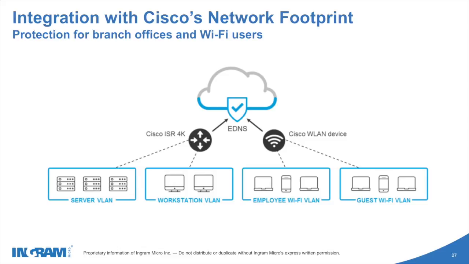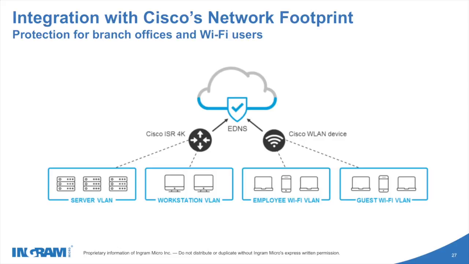Umbrella also has pre-built integrations with the Cisco ISR 4K series already deployed across thousands of customers' networks, and now also the wireless LAN device footprints. Using RFC compliant mechanisms for DNS, we can securely embed VLAN identities with an eDNS query that is automatically forwarded to the Umbrella global network.